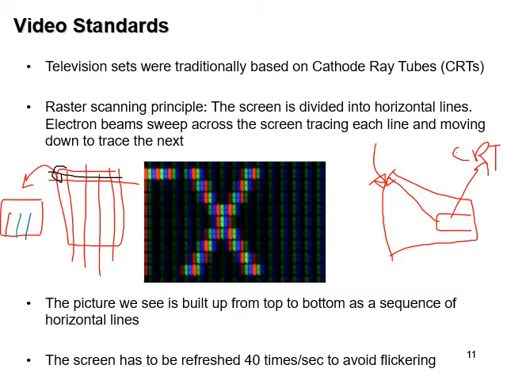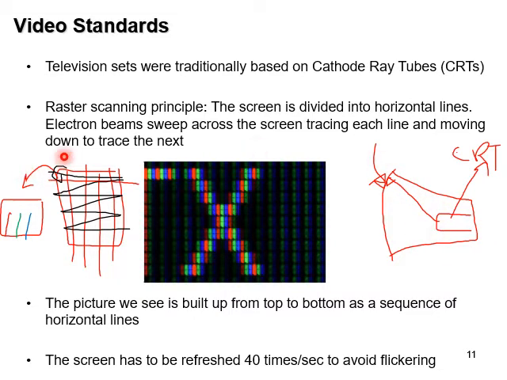Once it finishes the first line, it goes down to the second line, third line, fourth line, and so on. Now, while it's moving from left to right, the electron beam wouldn't be on all the time. It would be on only when you want that pixel to generate light or to have some color.